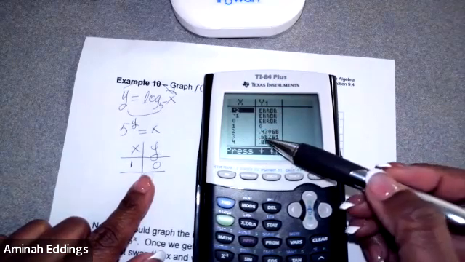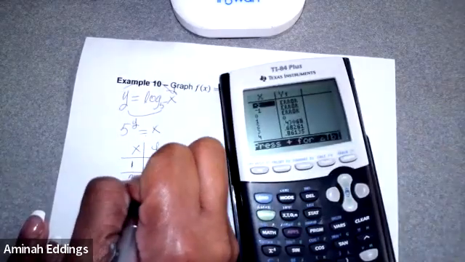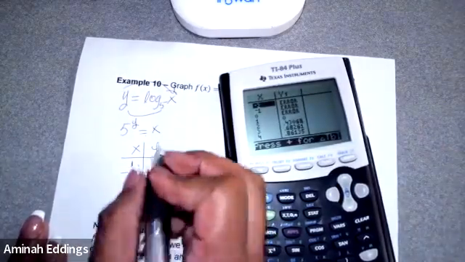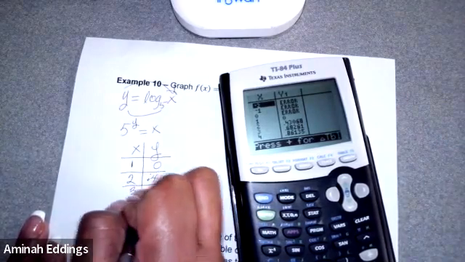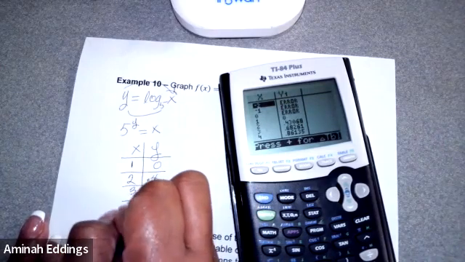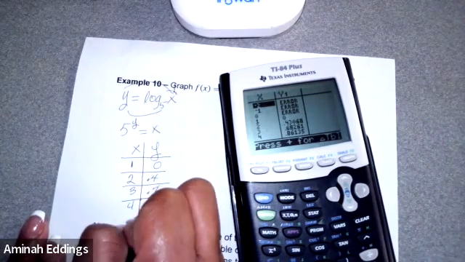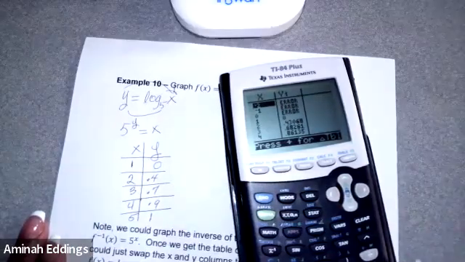When x is 2, we get 0.4. When x is 3, 0.7. 4 will give us 0.9. And then when x is 5, y is 1.